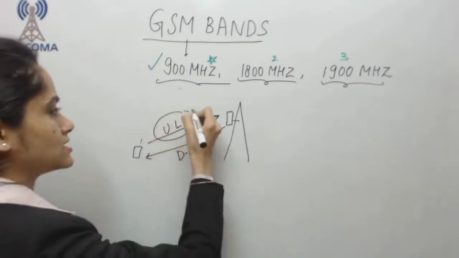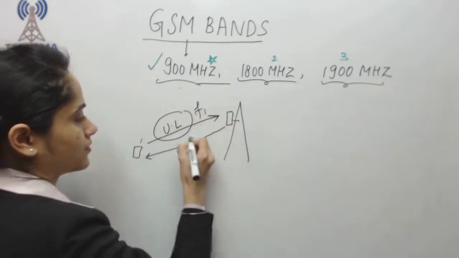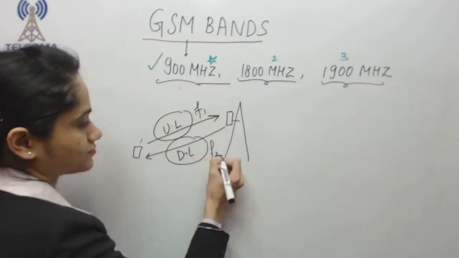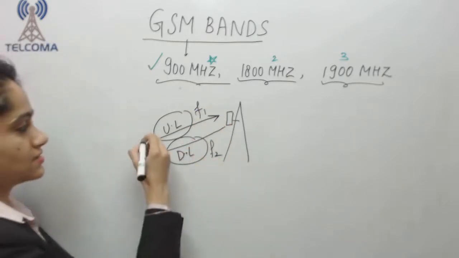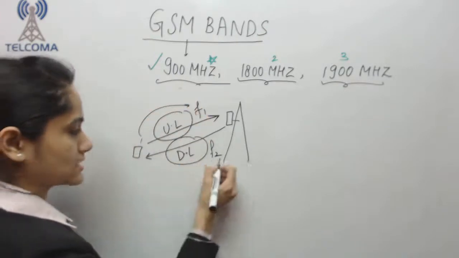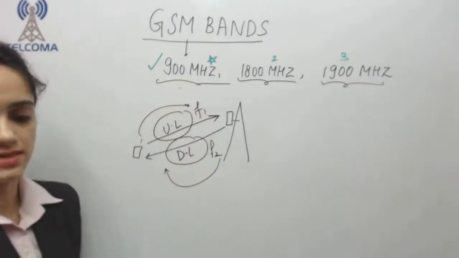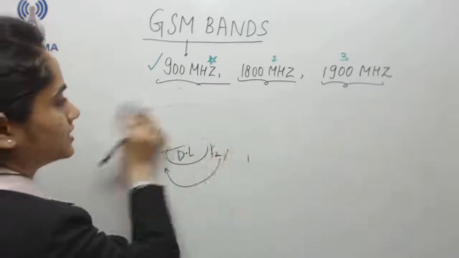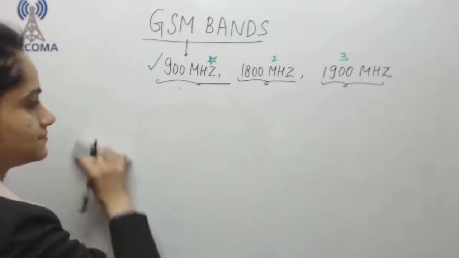We require a frequency for uplink and a frequency for downlink too. All the uplink signals will pass through F1 and downlink signals through the F2 frequency, so we have divided the band like this.